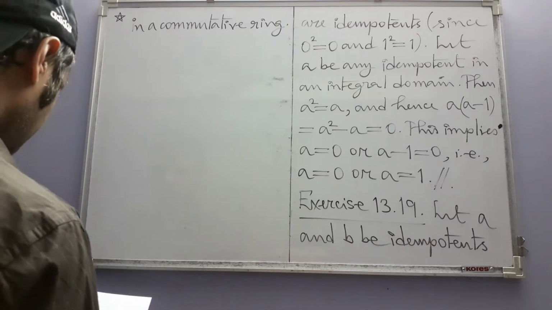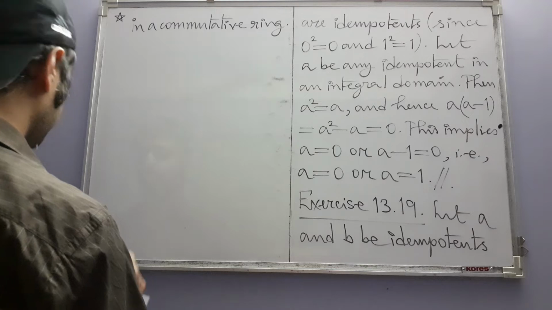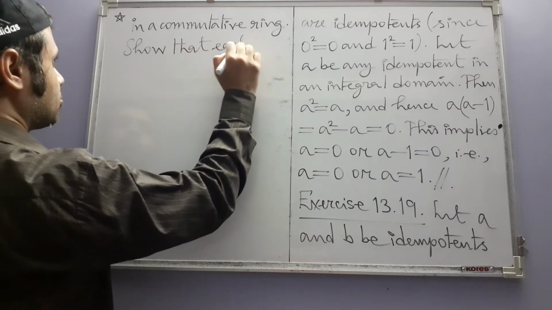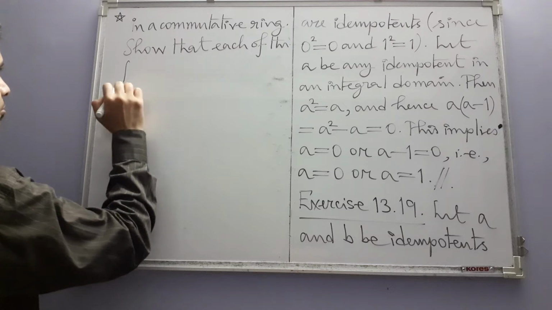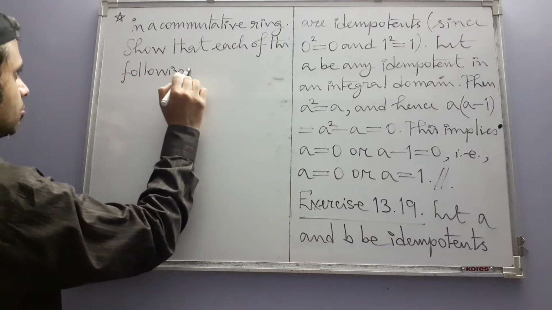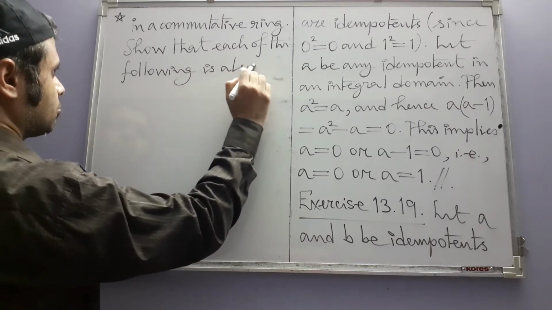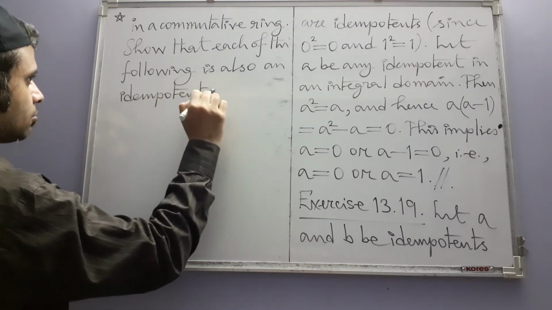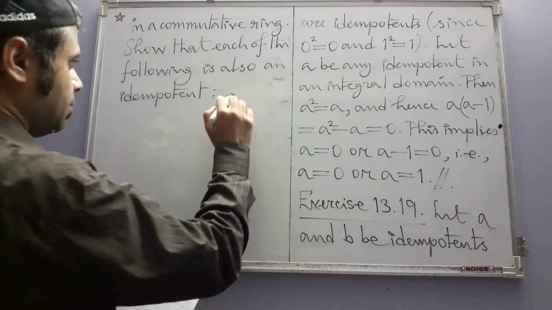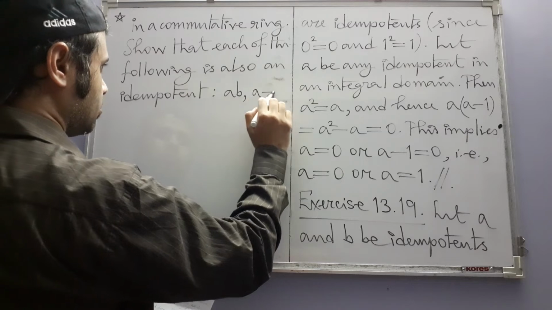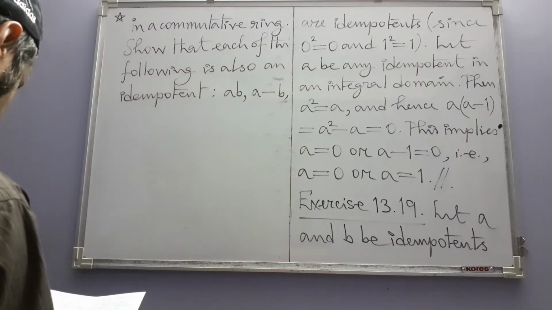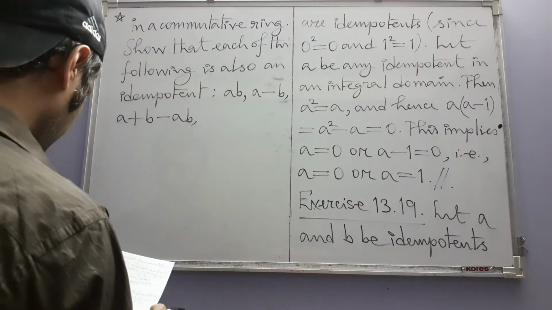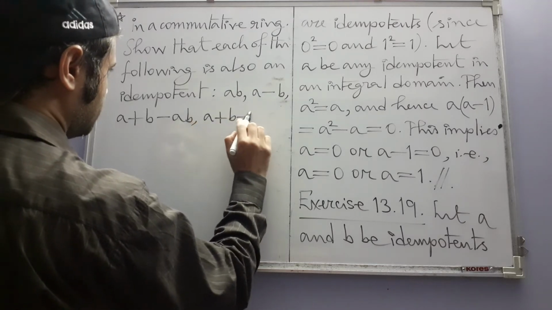So a number of elements are given in terms of A and B. These elements: AB, then A minus AB, then A plus B minus AB, and one more, A plus B minus 2AB.